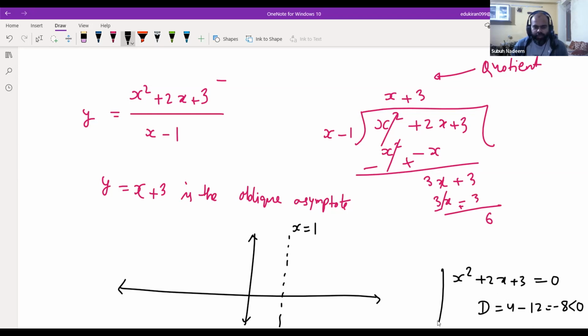So in that case, this has no zeros. So only two portions are there. This is positive, this is negative. And there is an oblique asymptote y is equal to x plus 3. When you draw y is equal to x plus 3, you will get x 0, y 3, and y 0, x minus 3. So this will be aligned like this.